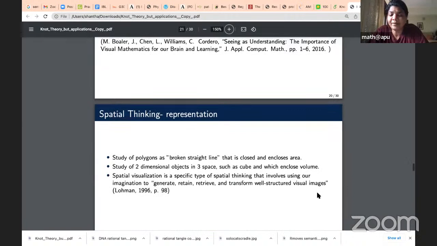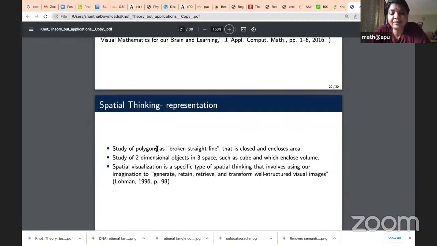So, for example, in school curriculum, we think of polygons as broken straight lines that are closed. So a square is a polygon with 4 sides. It's a broken straight line, and the starting point and the ending point are the same. And slowly we teach our students to even think of the enclosed area.